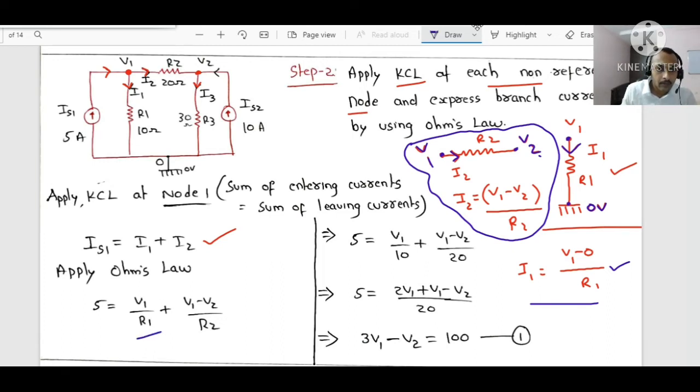I1 equals V1 by R1, because here the voltage is V1 and here the voltage is 0, so V1 minus 0. Instead of writing 0, we directly write V1 divided by R1, plus. What about I2? I2 is flowing through R2. At R2, what is the voltage drop? One end is at potential V1, the other end of the resistor is at potential V2. So you should write V1 minus V2 divided by R2.